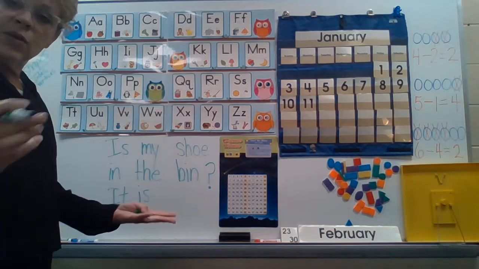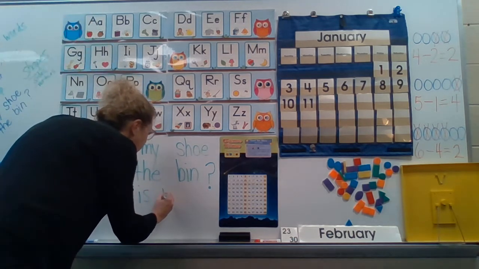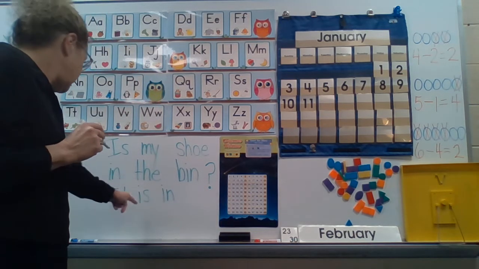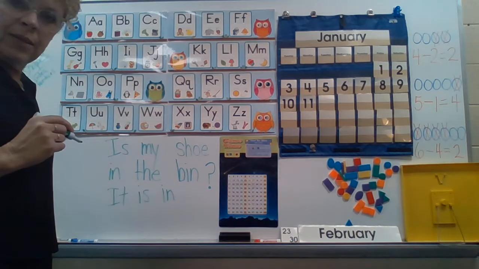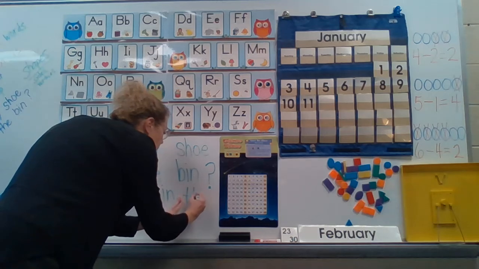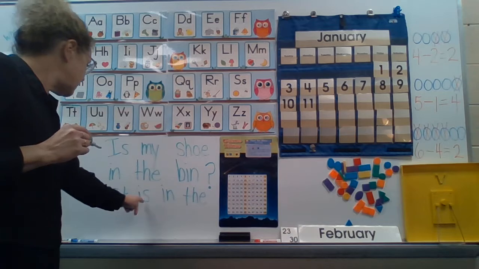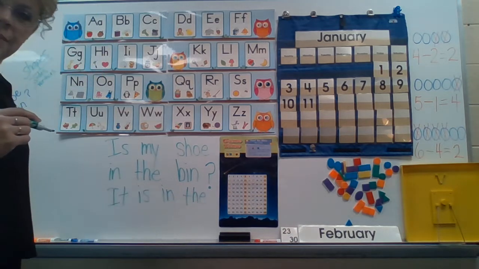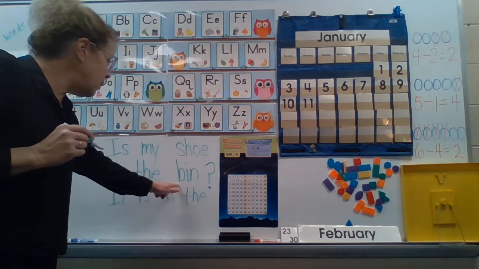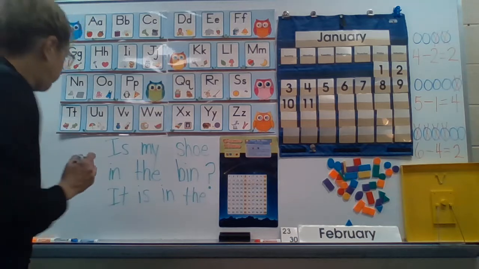It is, and then there's that IN word again, in. It is in. And then THE, the. It is in the, and tin is another one of our IN words. So like bin, only we're going to change the B to a T.